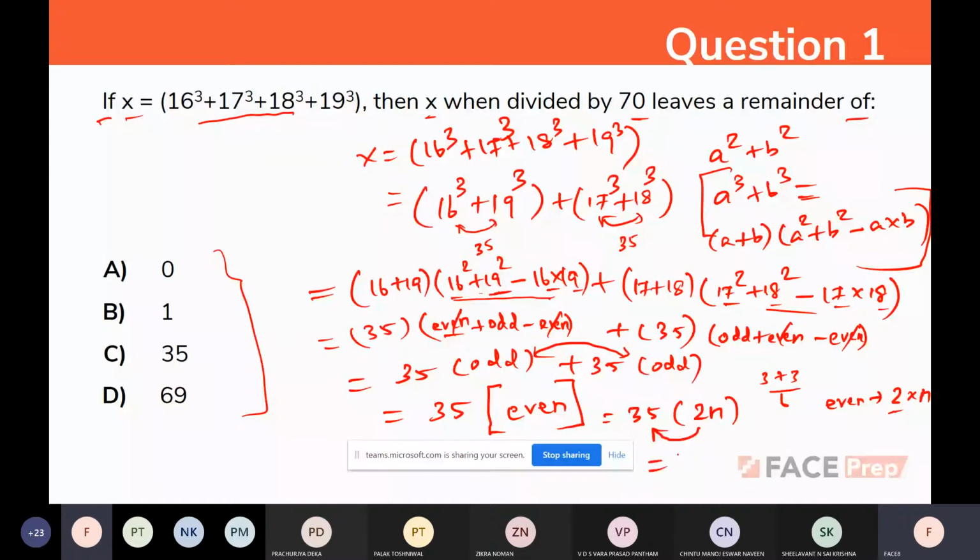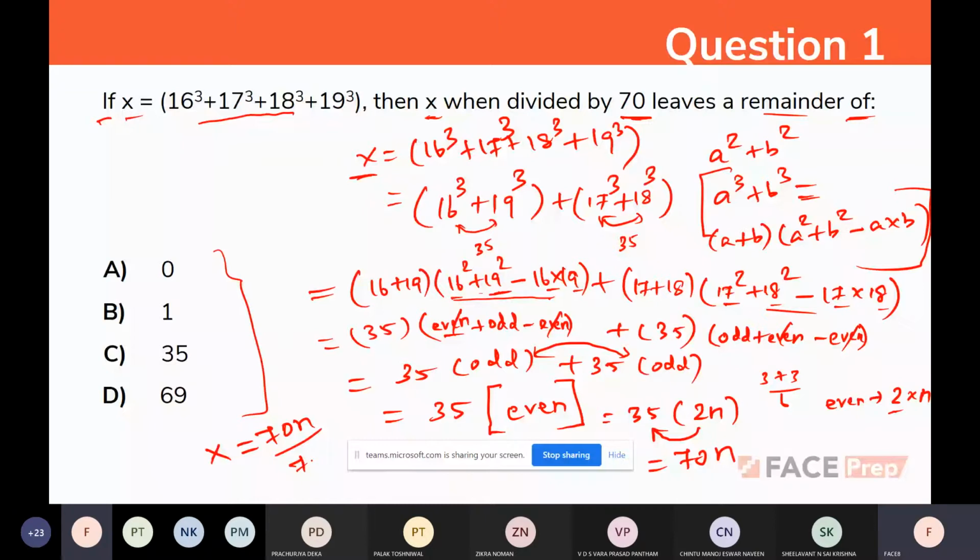So we have come to the conclusion x is equal to 70n. So what's the question now? Read it: x when divided by 70 leaves a remainder of what? This is the last expression for x. If you are dividing by 70, what will be the remainder?